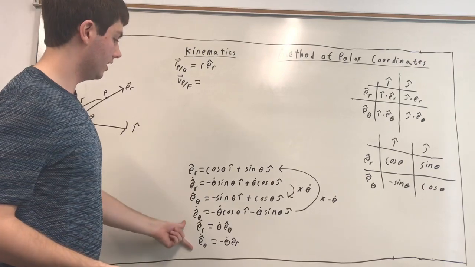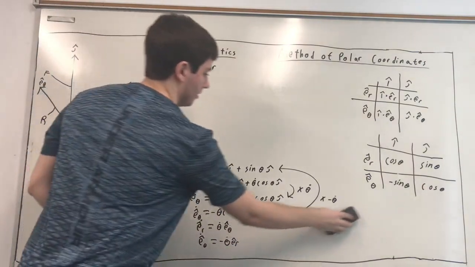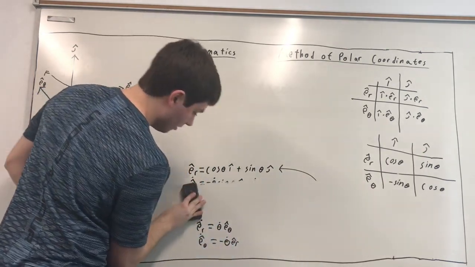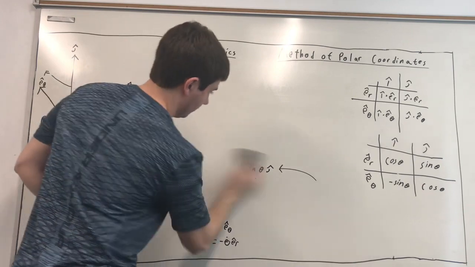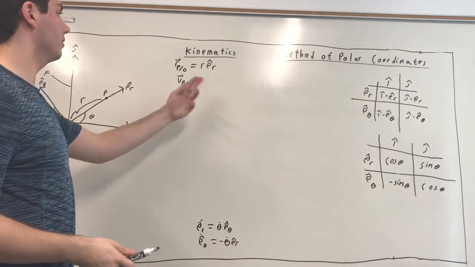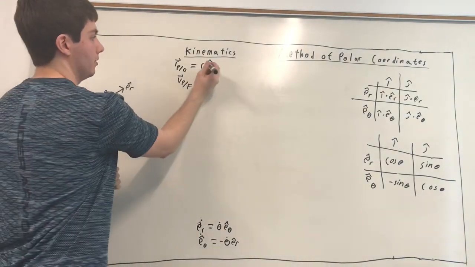And I'm going to leave these here, but I'm going to erase these to make some space. So now going back to this, it should make a little bit more sense now. We do a product rule here.